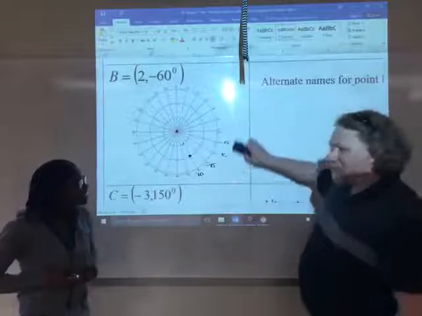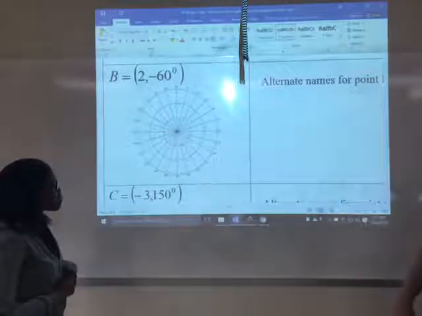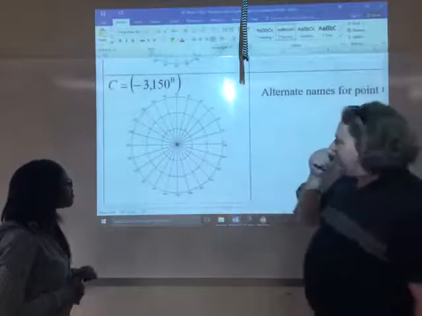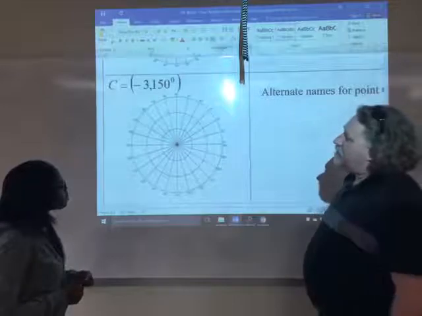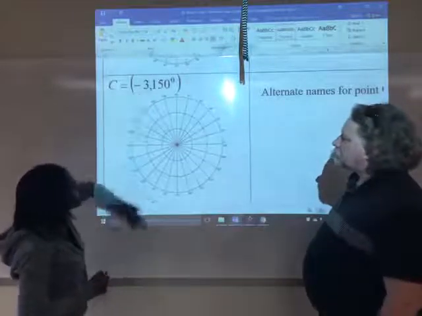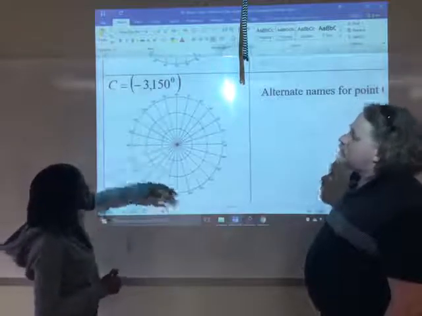Okay, one more. All right, we're going to give her a chance to redeem herself. We know she can do it. One more. Okay, how about negative 3, 150 degrees? Negative 3, 150 degrees. Okay, so it's negative 3, so instead of going towards the 150 degrees, you go opposite it? Exactly.